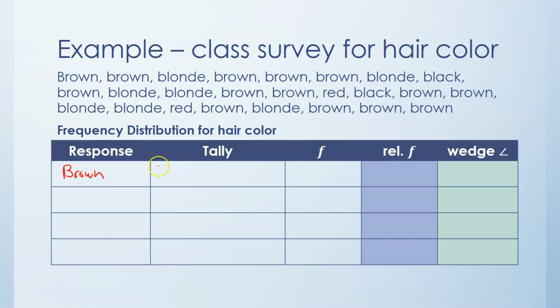So I have one person with brown hair, two people with brown hair, a person with blonde hair, another person with brown hair, another person with brown hair, another person with brown hair, another person with blonde hair, a person with black hair, a person with brown hair, a person with blonde hair, a person with blonde hair, a person with brown hair, a person with brown hair, a person with red hair.